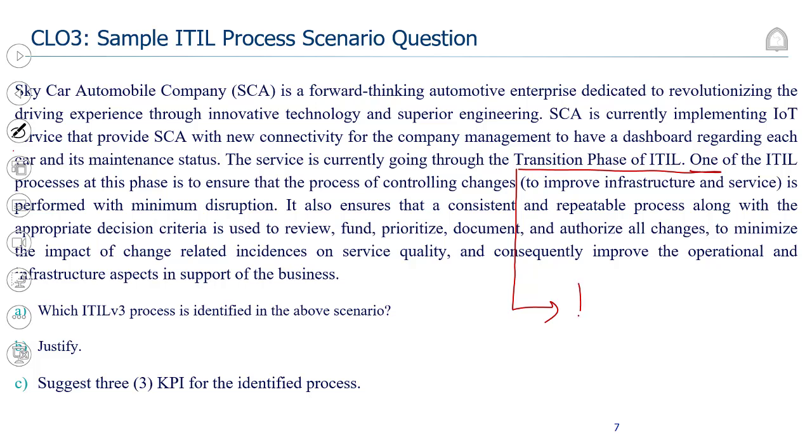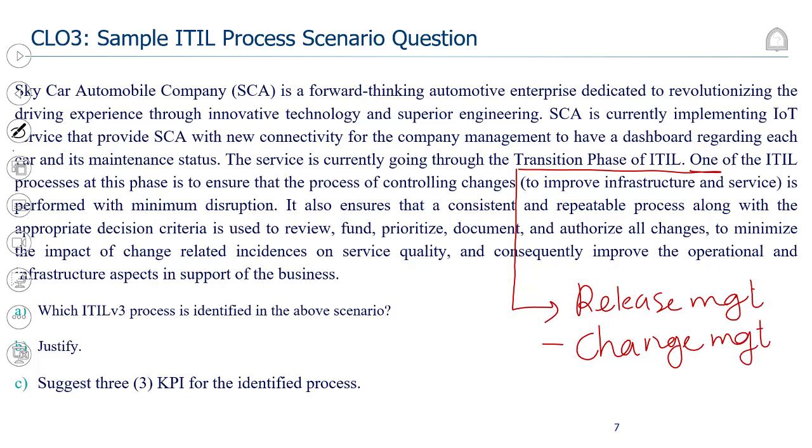Release management and then change management. Those are the two main processes that should come to my mind when I see the transition phase. So those are the two processes. So okay, we carry on.